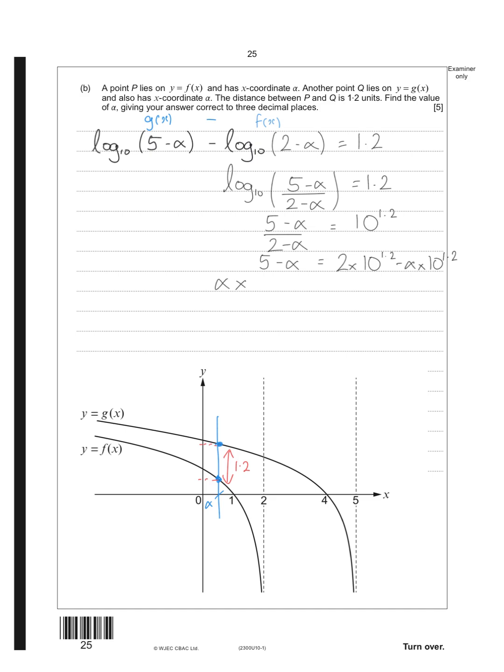So I've got alpha times 10 to the power 1.2 minus alpha equals 2 times 10 to the power 1.2 minus 5. If I then factorize out alpha from here, I've got 10 to the power of 1.2 minus 1. So I can then say that alpha equals 2 times 10 to the power of 1.2 minus 5 over 10 to the power 1.2 minus 1, which is the blue bit.